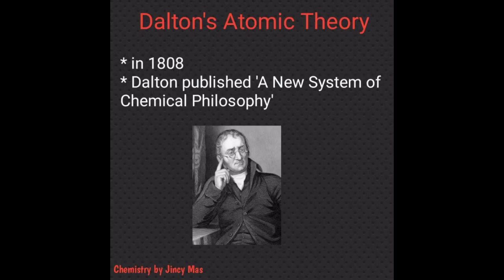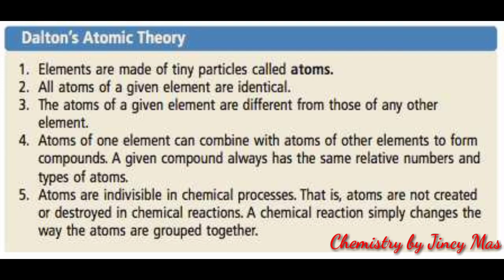Now let's see Dalton's atomic theory. In 1808, Dalton published A New System of Chemical Philosophy in which he proposed his atomic theory. In his theory, Dalton gave the following ideas. Elements are made up of tiny particles called atoms.